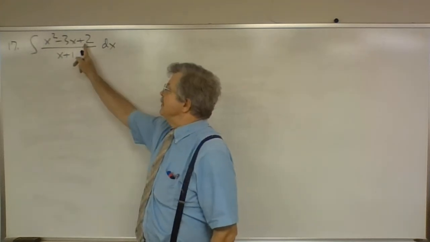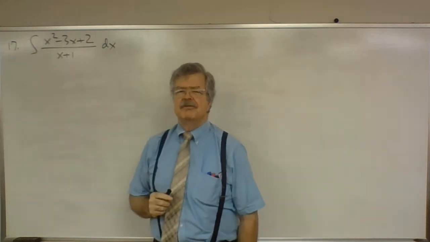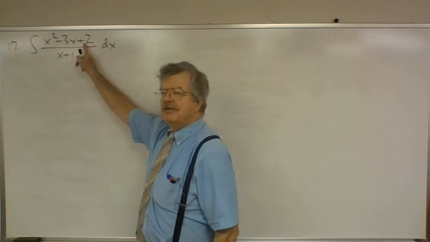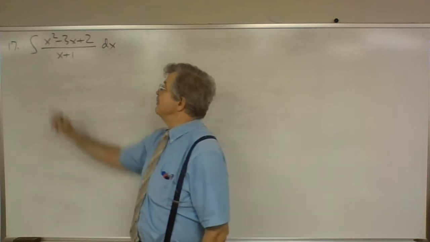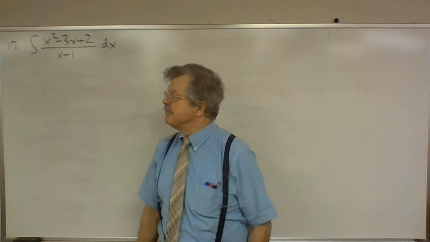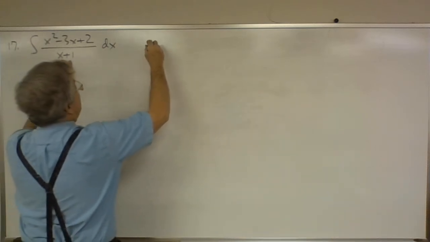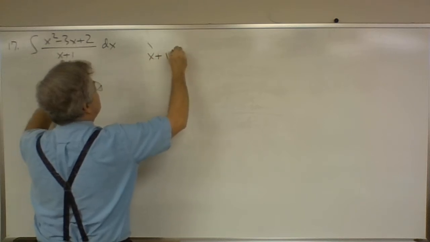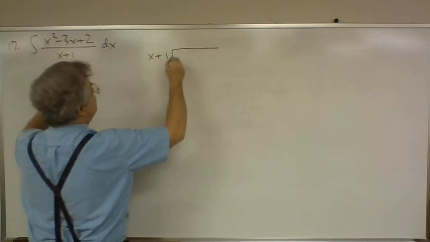So the first thing that we have to do is long division of polynomials or synthetic division, just to rewrite this as something plus the quotient of polynomials where the degree of the numerator is strictly less than the degree of the denominator. So I'll write down my divisor, and I'll write it down here to give myself a little bit more room up above. And my dividend.